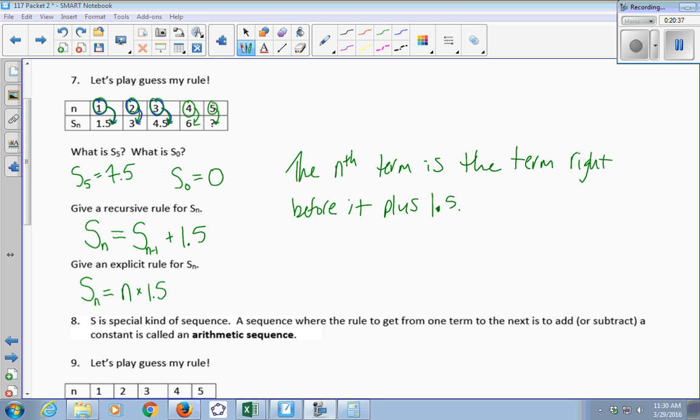Also think of it, if you know the recursive pattern is that I go plus 1.5, plus 1.5, plus 1.5 to get from one term to the next, you could just say, okay, well, I'm repeatedly adding 1.5, right? What operation in mathematics is repeated addition? Multiplication. So you multiply by 1.5 to do the explicit rule.